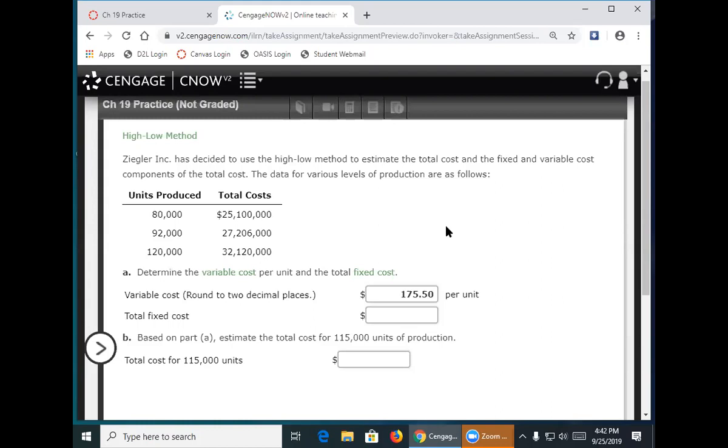So I multiply 175.50 times 80,000. What's my total variable cost? 14,040,000. Yeah, very good. My total variable costs are 14,040,000.